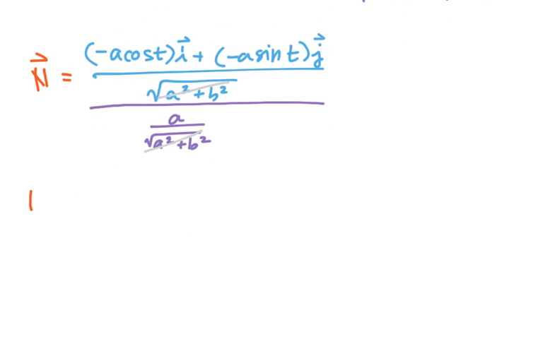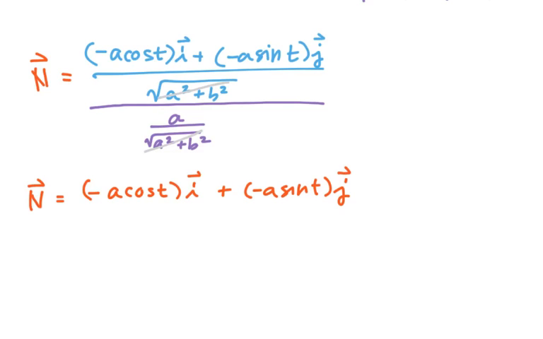I'll write this out in two steps though. So that leaves me with negative a cosine t i plus negative a sine t j over a. And now, in case it wasn't before, it's easy to see these a's cancel.